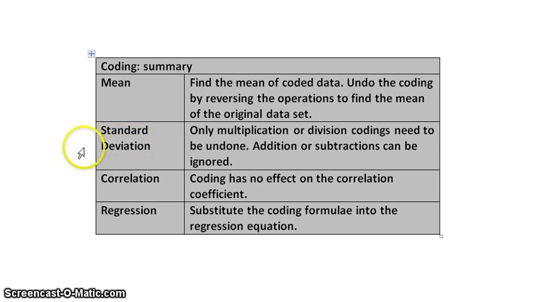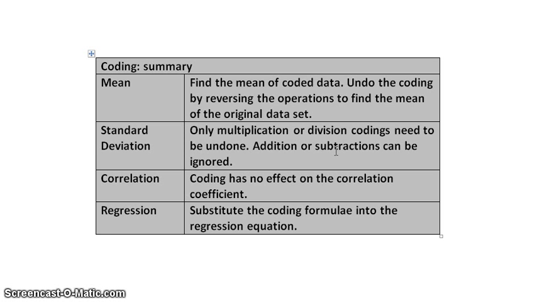We also looked at standard deviation, and the key thing here is that it's only the multiplication or the division within the codings that have any impact on the standard deviation. So those are the only ones you need to undo when you're reversing it.